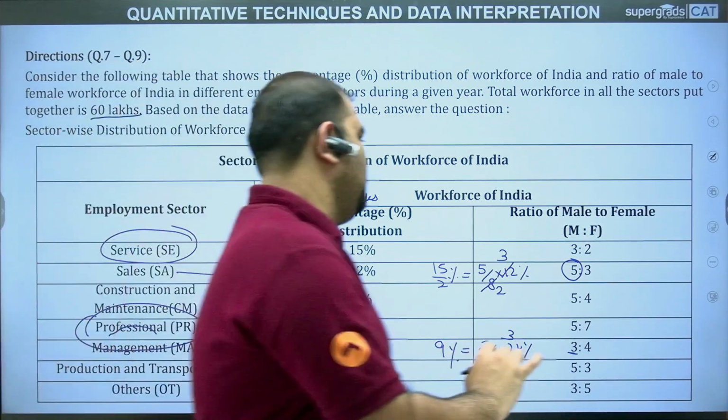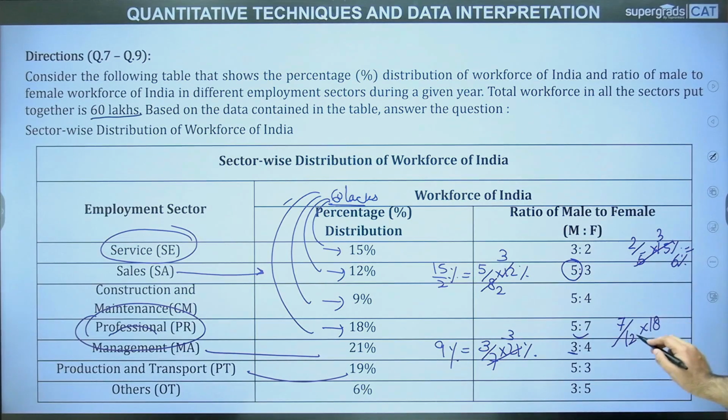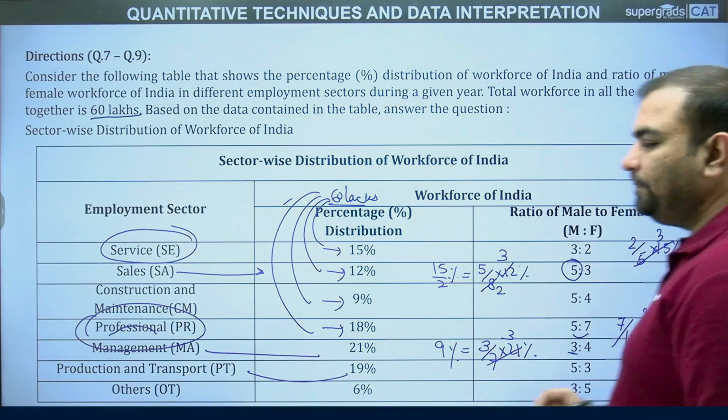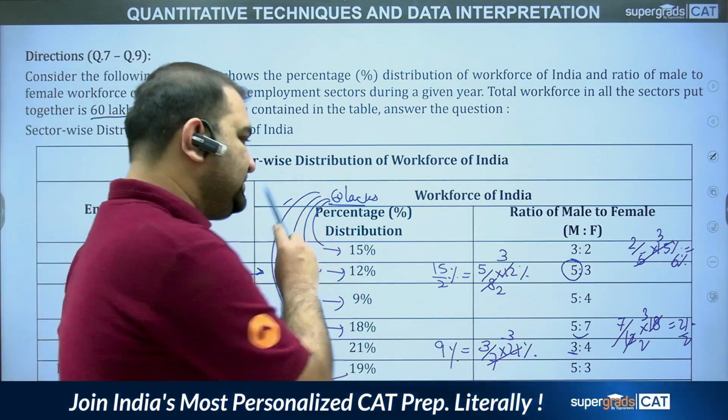Female, 2 by 5 of 15%, 6%. PR 18, 7 by 12 of 18%, 21 by 2%. So 6 and 21 by 2.